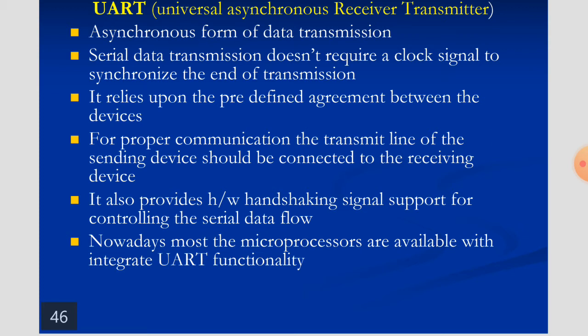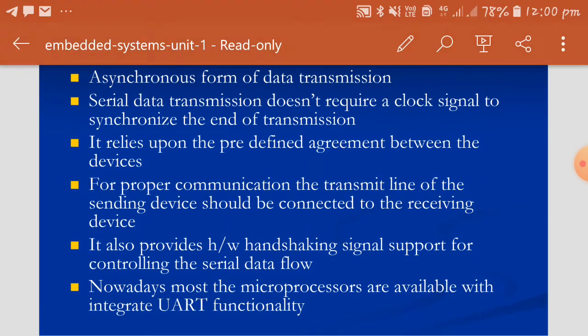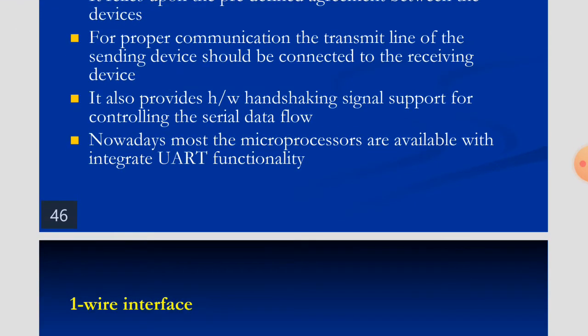So before the start and after the end of transmission, it makes some predefined agreements between the devices. For proper communication, the transmission line of the sending device should be connected to the receiving device. It also provides some handshaking signals which help control the serial data flow.